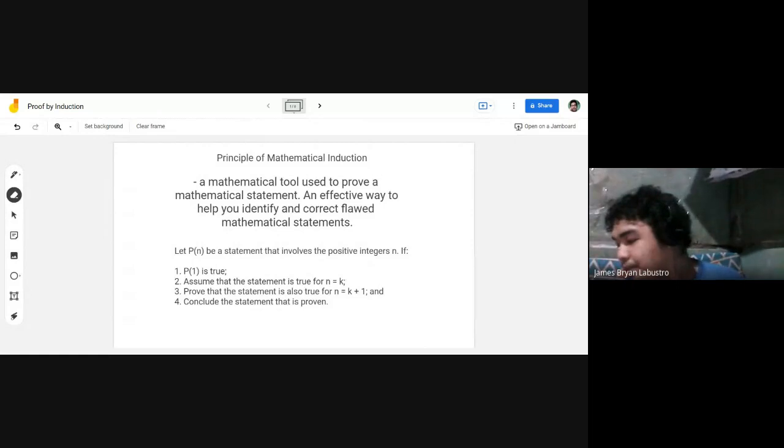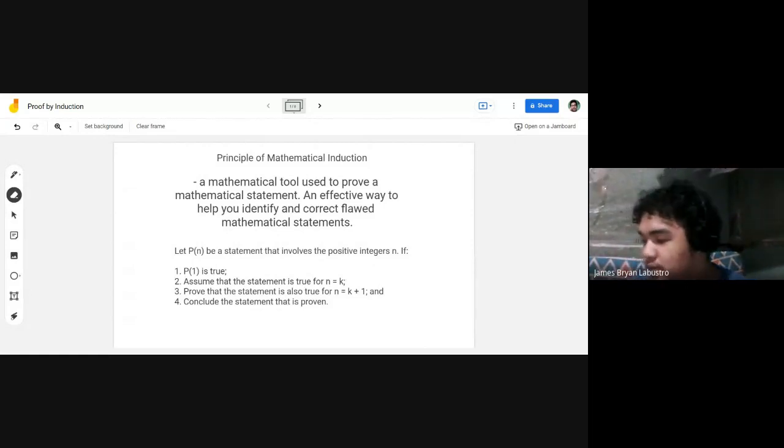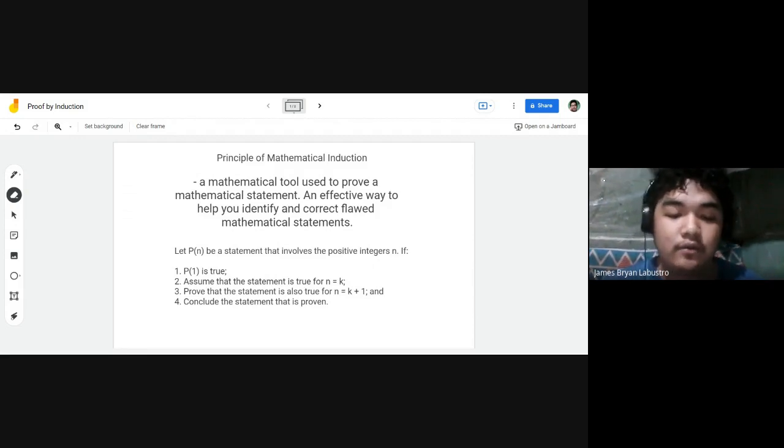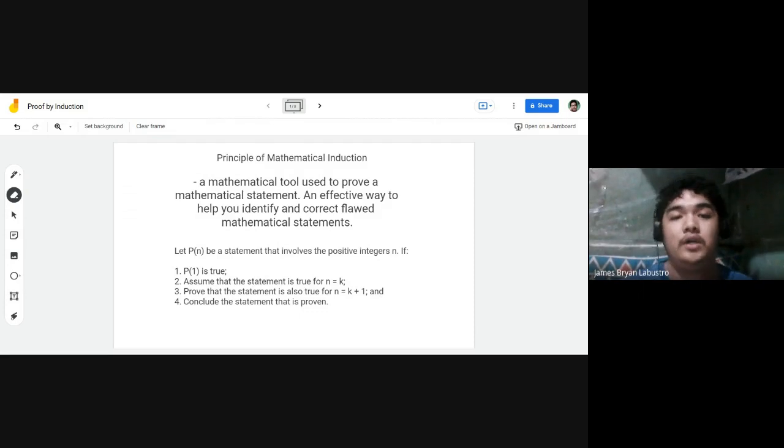The other definition of mathematical induction is a mathematical tool in establishing the proof of a given mathematical statement or conjecture involving all positive integers from some point forward. So in this session, we're going to consider only positive integers.